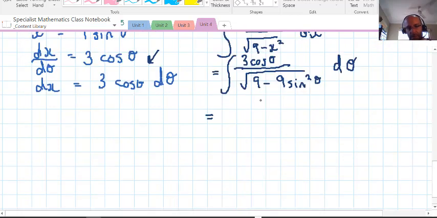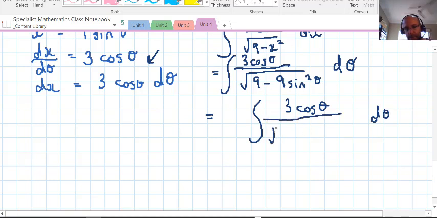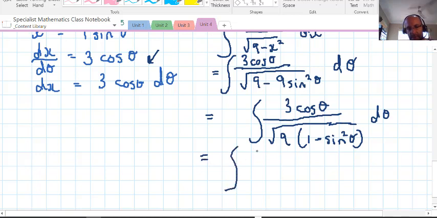We're going to manipulate the denominator now. We've got a factor of 9 there, so factorise that denominator. We've got 1 minus sine squared theta. That should ring a bell. And that means we've got 3 cos theta on the front. We can separate the two parts of the product under the radical sign.